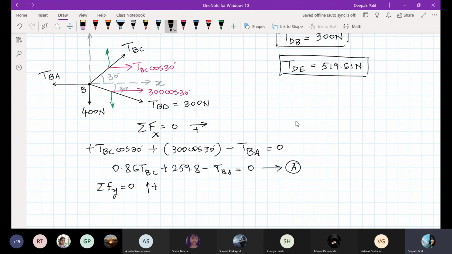So let me write the y component of this TBC. So it is plus TBC sin 30 minus TBD, but it is 300 newtons, so I should write it as minus 300 sin 30.